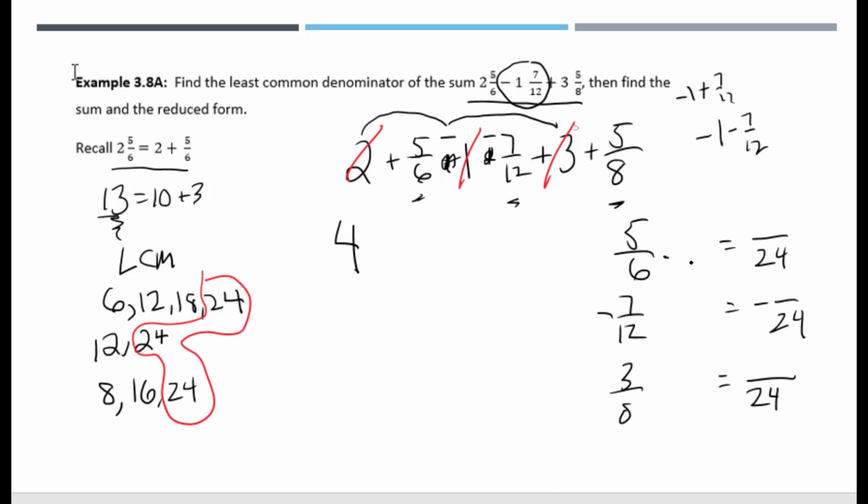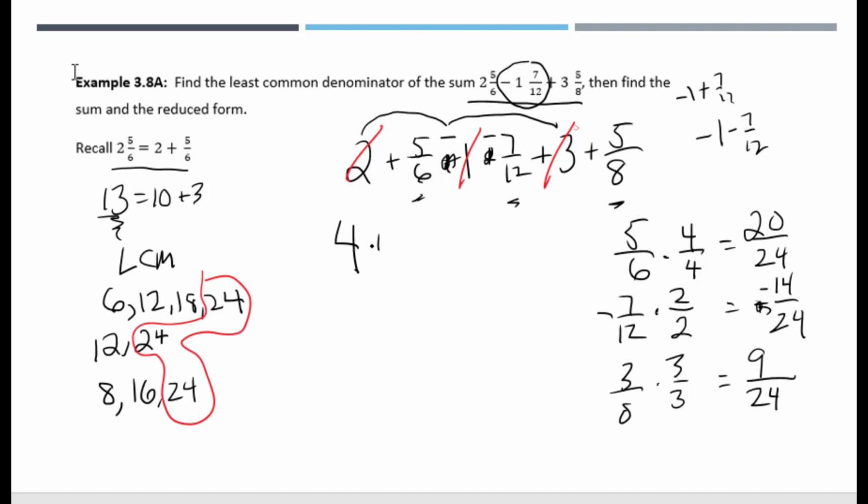So 6 times 4 is 24, so that's 20. Times 2, right? That's negative 14. And times 3, that's 9.